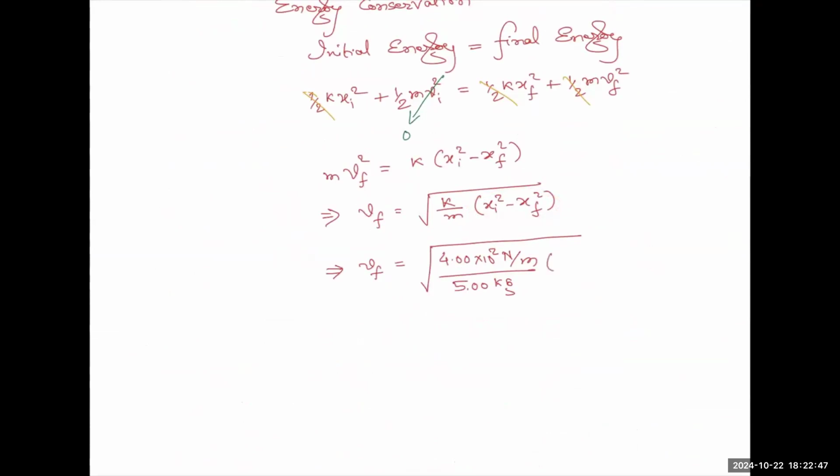And now the xi squared minus xf squared will also be under the square root, right? So what is my xi? It is 0.0500, in curly braces, minus 0.0250 meter squared.